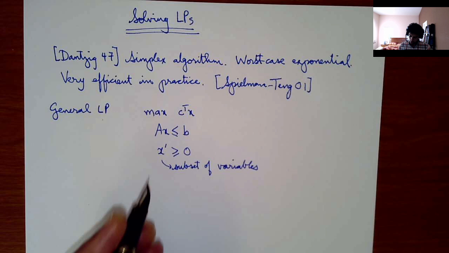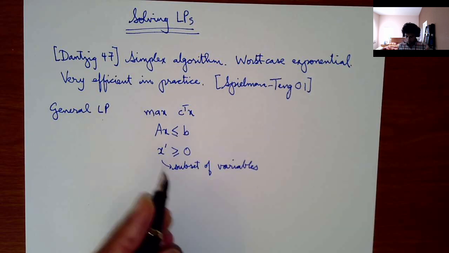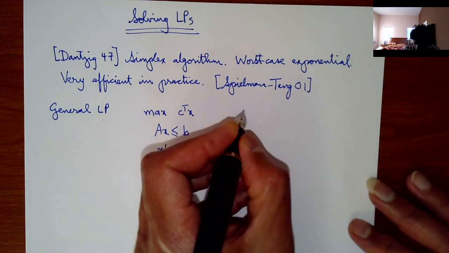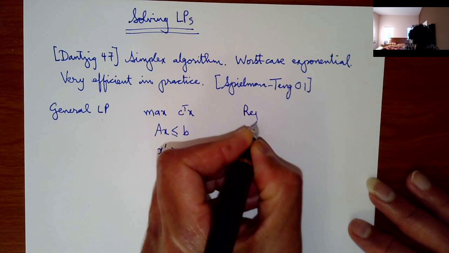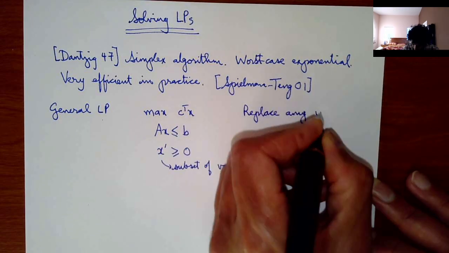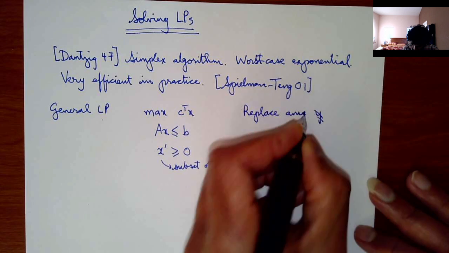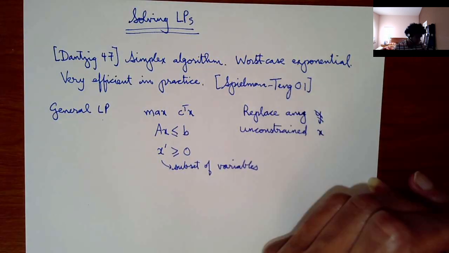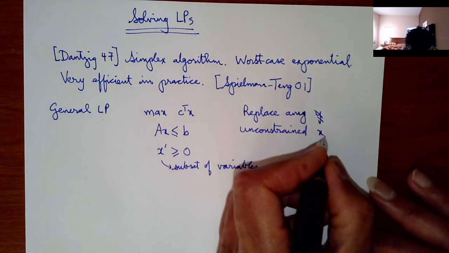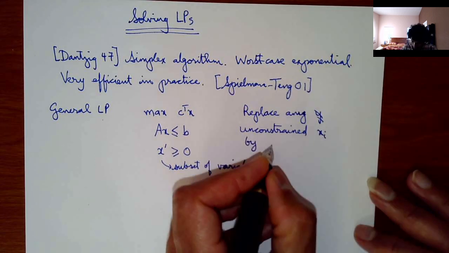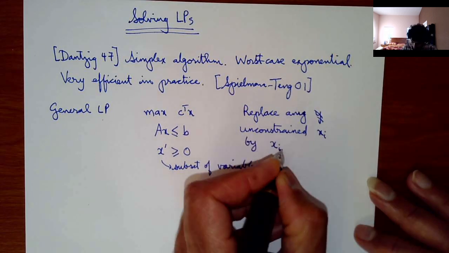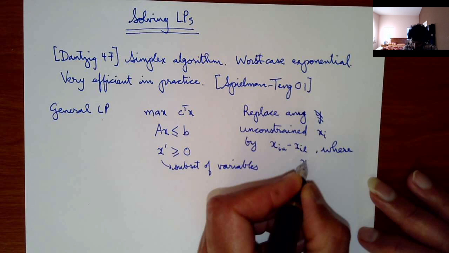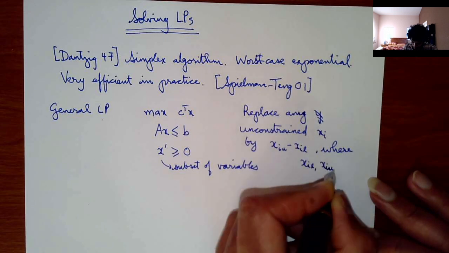So firstly, there is some subset of the variables that is non-negative. I would like to make all the variables non-negative. So here is what I do. I replace any unconstrained x_i by x_i upper minus x_i lower, where x_i^l and x_i^u are greater than 0.